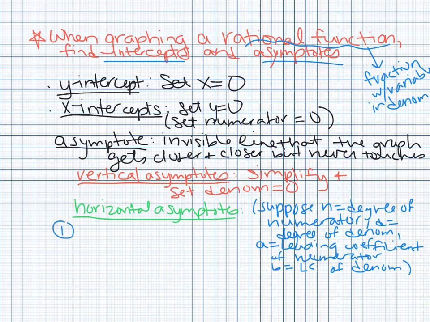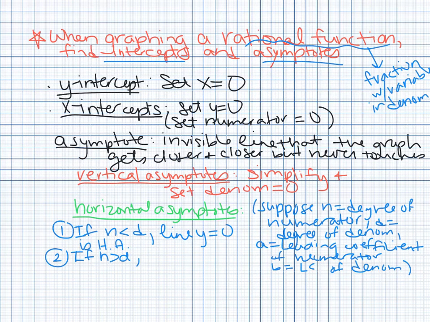The first thing is if your numerator degree is less than your denominator degree, then the line y equals 0 is your horizontal asymptote. The second thing is if your numerator degree is greater than the denominator degree, there are no horizontal asymptotes.